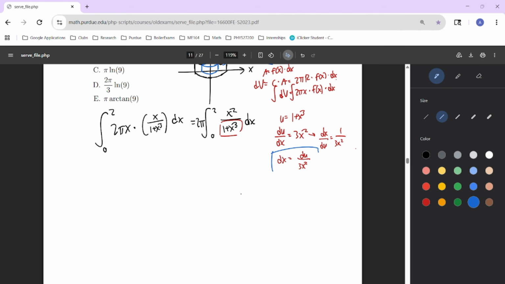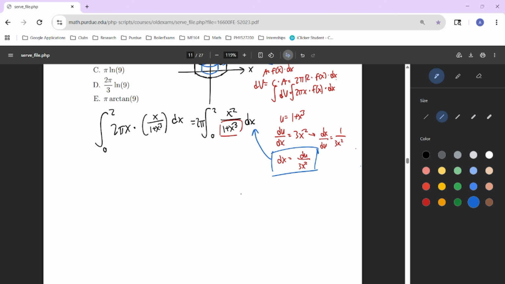This expression for dx can be substituted back into our original integral to allow for a change of basis. Now keep in mind that if we are changing the basis from x to u, then we must change the bounds of integration from being in terms of x to being in terms of u. That's pretty simple.